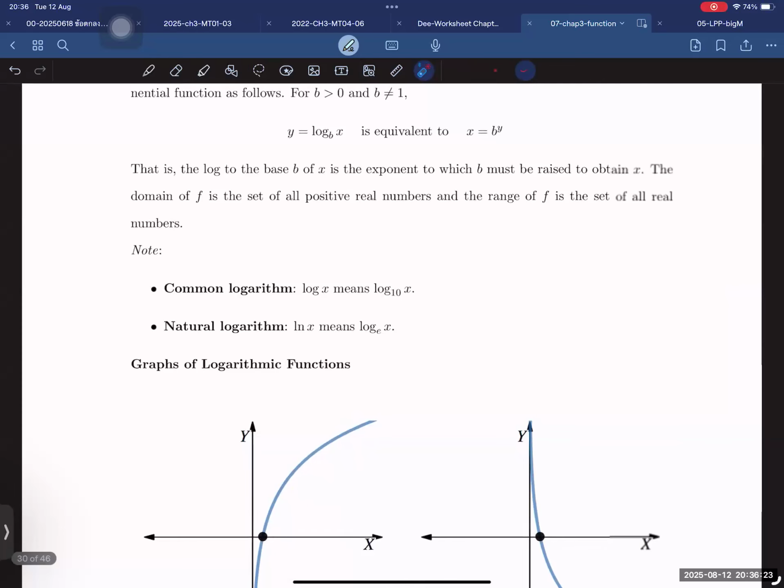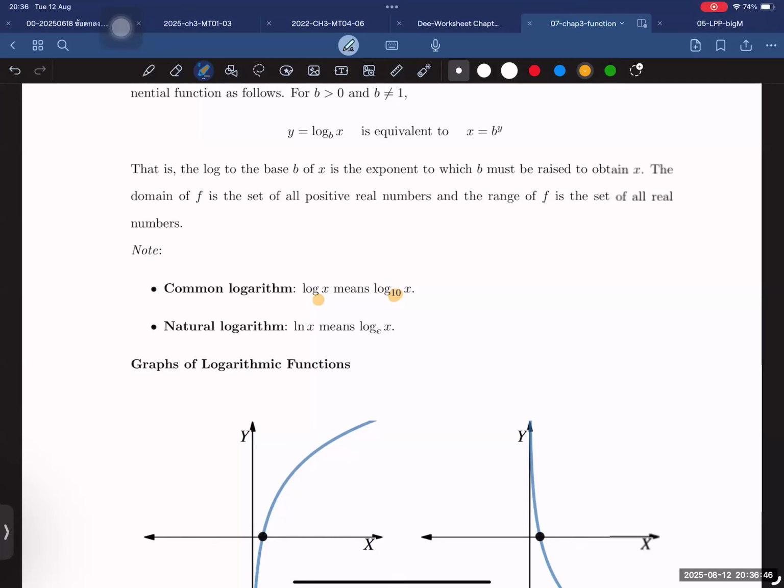Okay, in this note, it says that the common logarithm is log x, with no base written, which means base 10. It looks like no base, but in fact it's base 10. That's the regular number that we use in regular life.